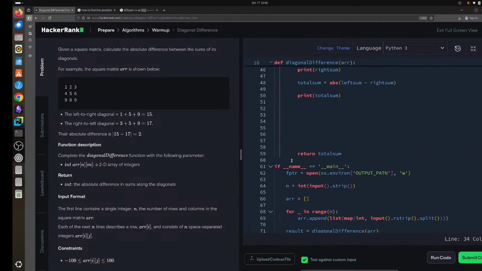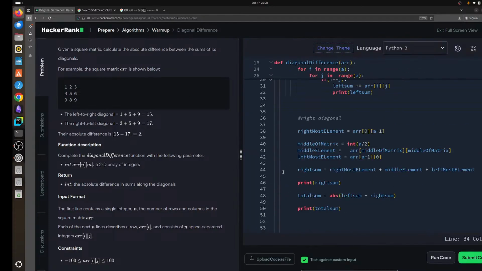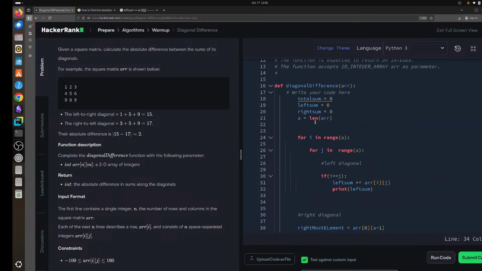But the list here will be len of a, right? It will travel 0, 1. Suppose in this case the array is 3, then it will travel 0, 1, 2, right?